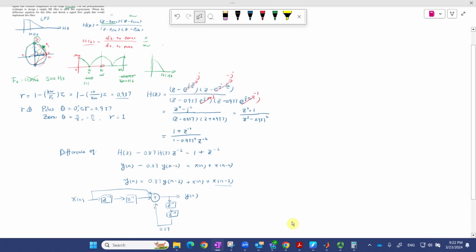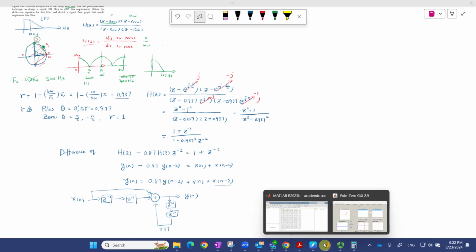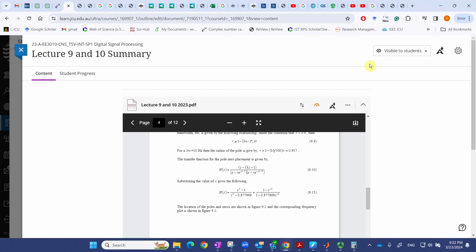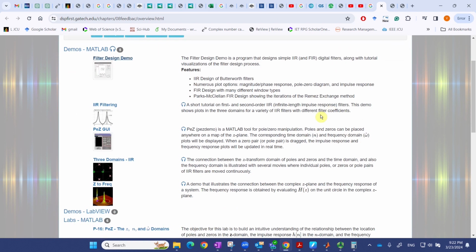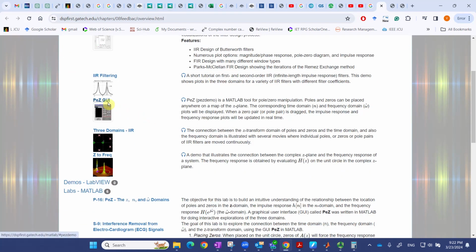Alright, next I want to quickly show you something. Here is a tool from a website called DSP First. This is a very good textbook as well. It provides a lot of demonstrations you can play with, for example, this pole and zero placement.